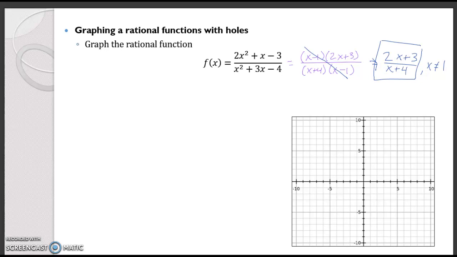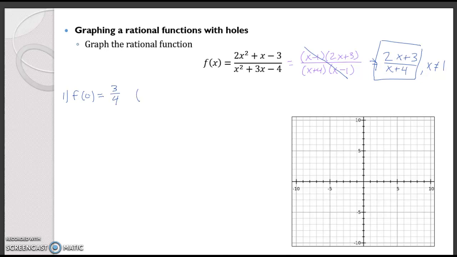This new function has an asymptote at y equals 4. So let's do the steps on this new function. f of 0 on the new function is going to be 3/4.